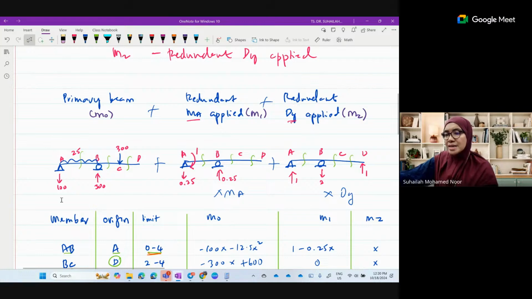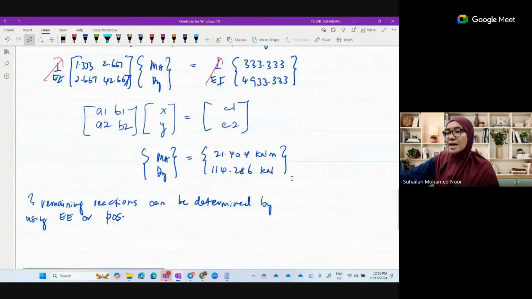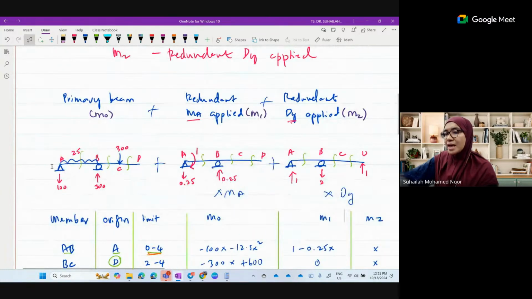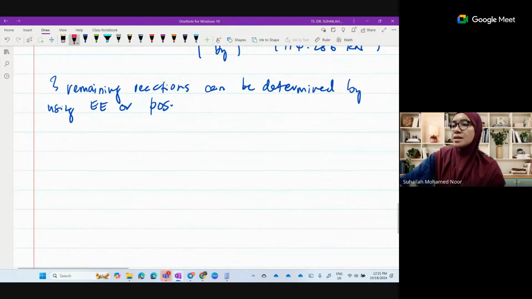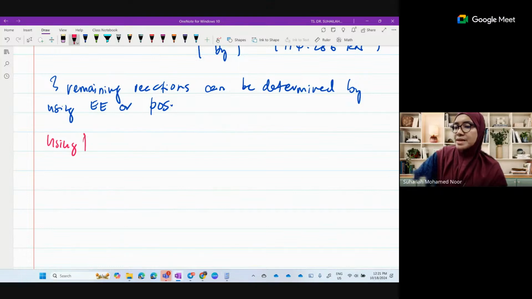For AY it is negative 100 plus negative 0.25 times MA plus 1 times dy. Boleh ikut tak? Okay, first one is AY ya. Kita nak cari AY ya. First one kita ambil kat sini using principle of superposition.